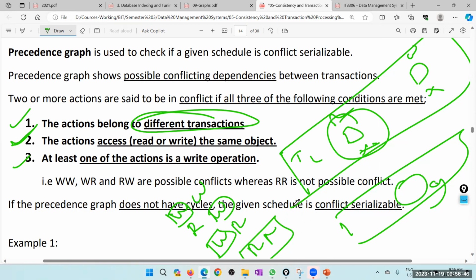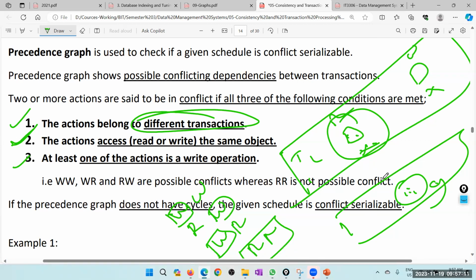So the issue is two different transactions, same data, and at least one of the operations is a write. That means this is writing, this is writing, this is writing, this is reading, this is reading, this is writing. But this is also reading, this is also reading, it doesn't matter, though they are two different transactions and the same data.